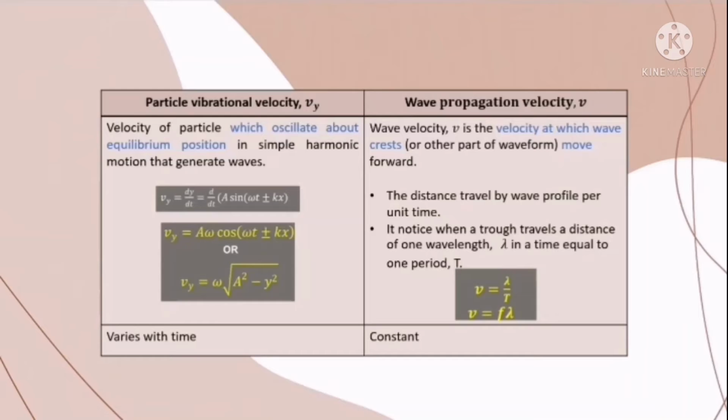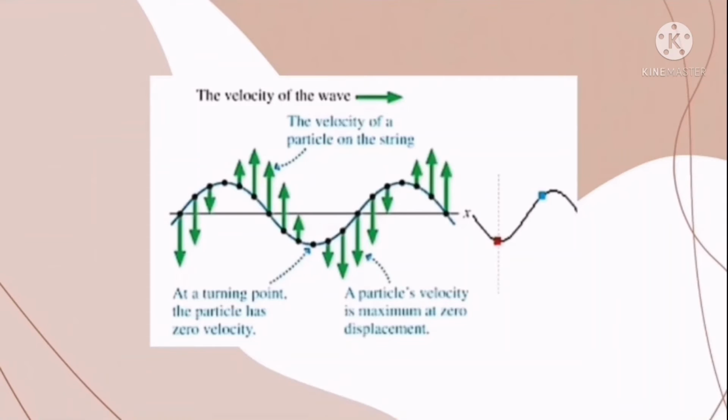Or we can also get Vy equal to omega times the square root of a squared minus y squared. For particle vibrational velocity, the value always varies with time. Meanwhile, for wave propagation velocity, the value is always constant.